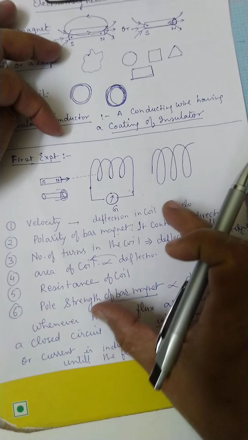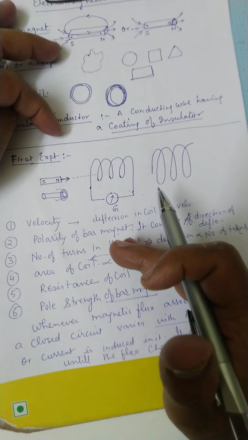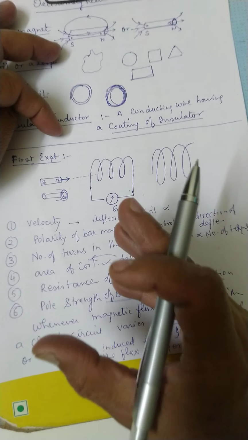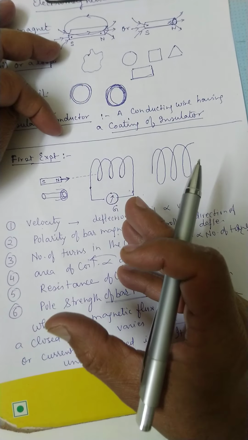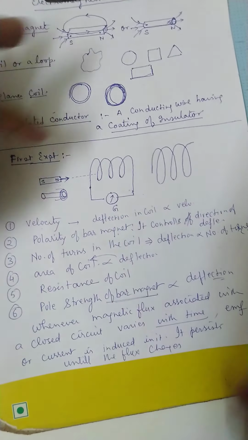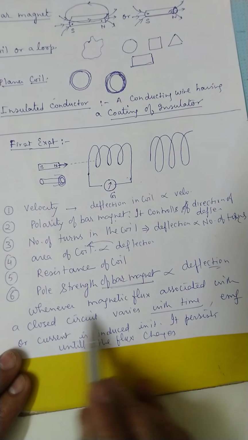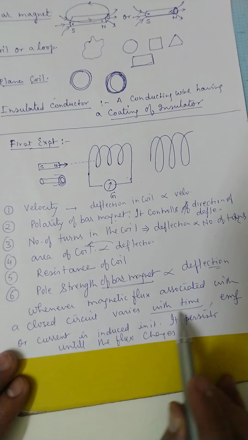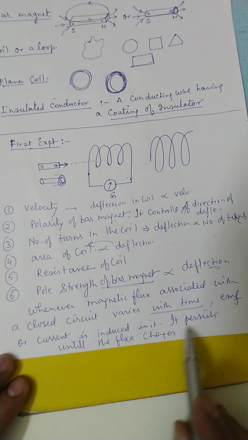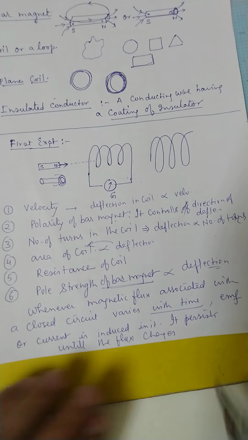In the first experiment, we observed that production of the induced current or induced EMF takes place in the phenomenon of electromagnetic induction. And he further said, whenever magnetic flux associated with a closed circuit varies with time, EMF is induced, and it persists until the flux changes.